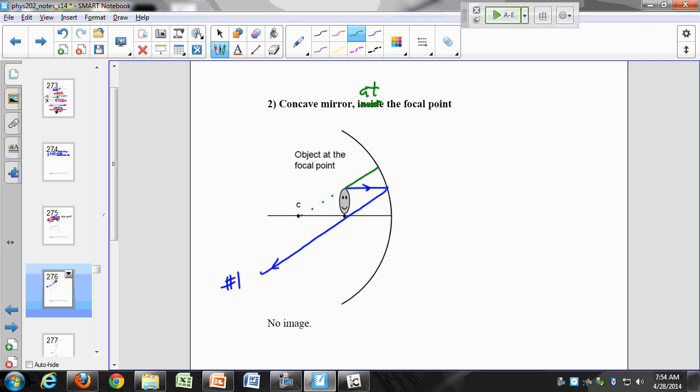All right, so I draw this ray that looks like it's coming from the center of curvature, and then it's going to reflect back on itself. So it's going to go up and then reflect back down in this direction. So this is rule number 3. I can draw rule number 4 as well. That is that it will just go to the center of the mirror and follow the law of reflection.